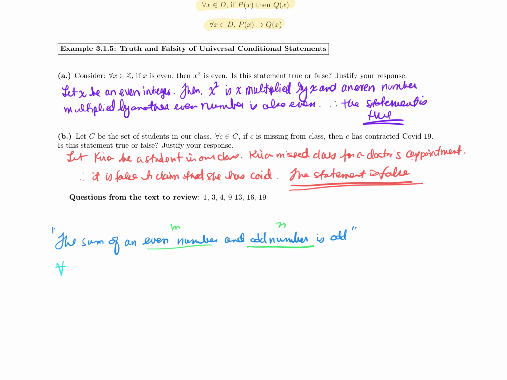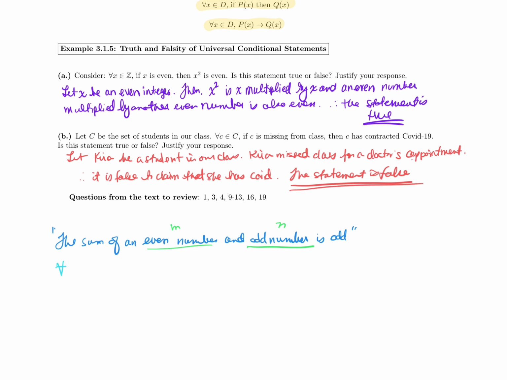And they have to be different variables because if I did M for even and M for odd, then you're trying to say one number is both even and odd. And we all know that's not true. Even zero is only even. So that's not going to work.